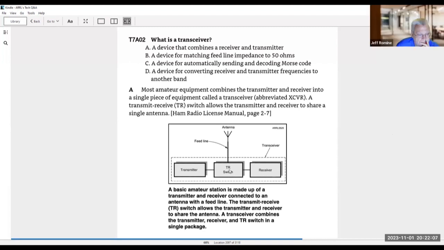And you actually had to throw the switch from transmit to receive. The switch would turn off the receiver and turn on the transmitter, not the whole circuitry, but just its main function. It would switch the antenna from the transmitter to the receiver, depending on whether you were transmitting or receiving. Now that's all built into a transceiver. When you push the talk button, it does all this for you.